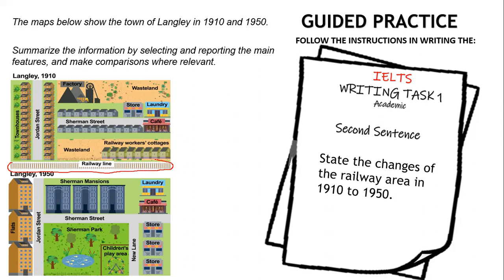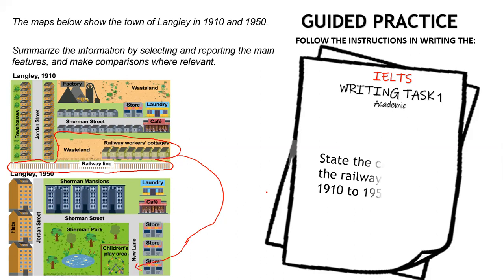So railway workers cottages, yeah, this one. All right, so this is the railway area, wasteland, railway workers cottages, and railway line, and what changes have happened after 4 decades in this area compared to 1950 here.